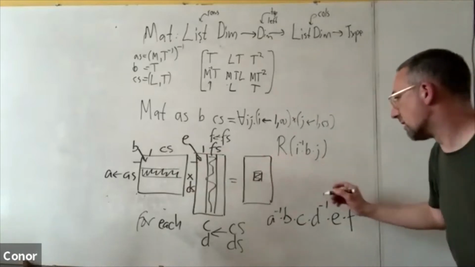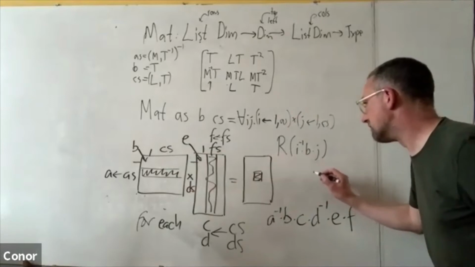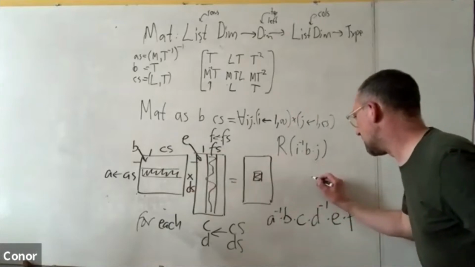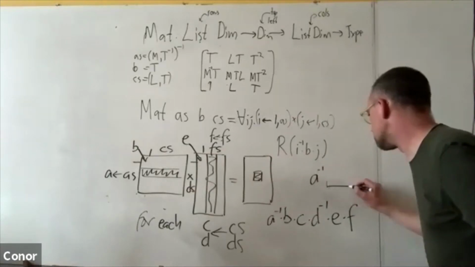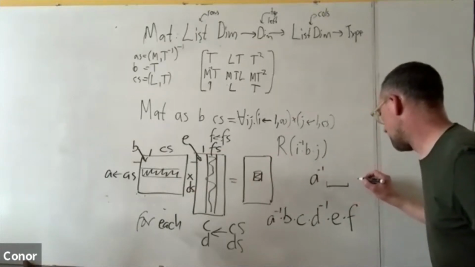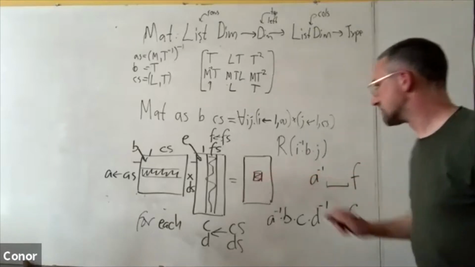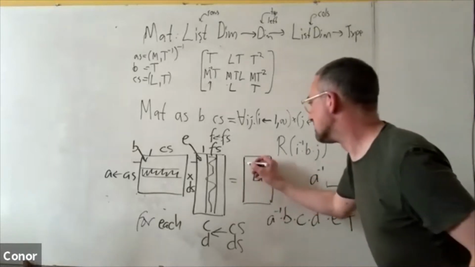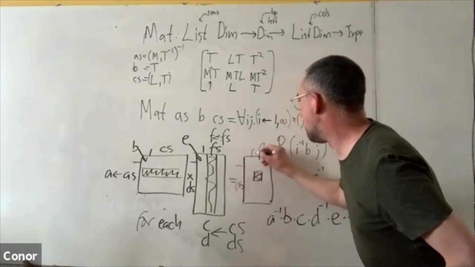I'm going to get something with these dimensions. And I want to get something whose dimension is A inverse, something consistent, F. That's it. I'm going to have the same A's here and the same F's here.